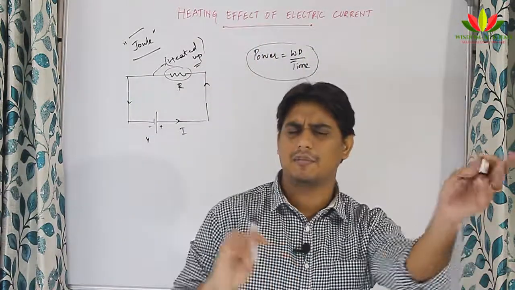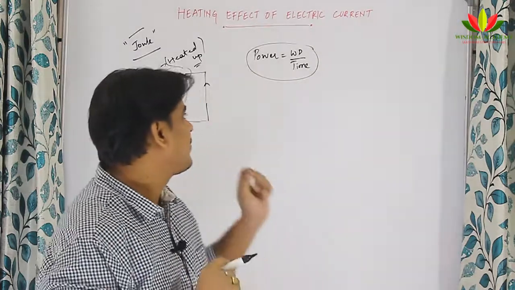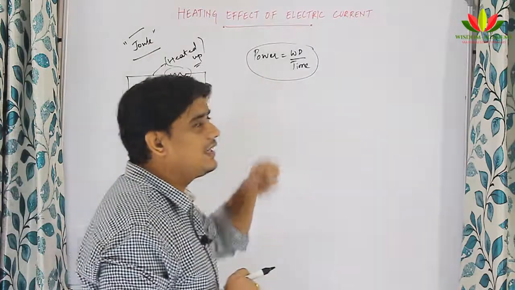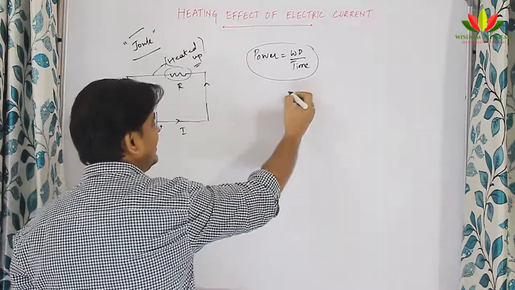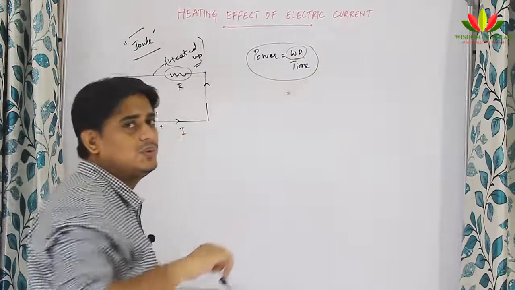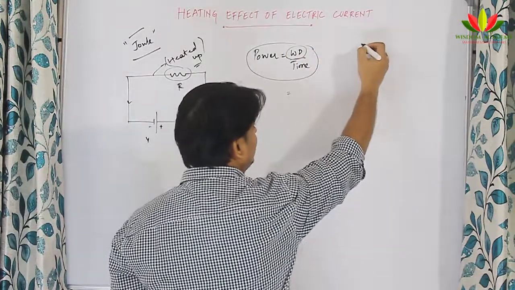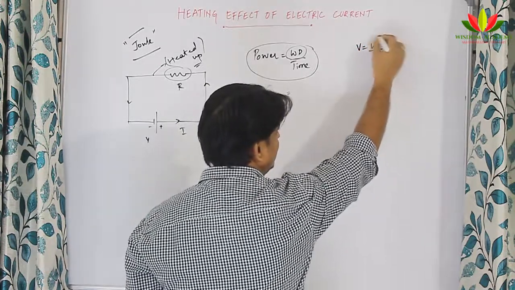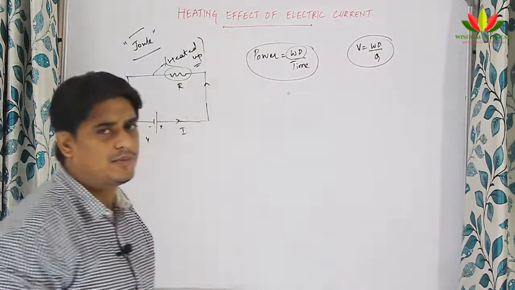Now why am I finding power? I am trying to find the power produced when current is flowing in the circuit. So let us first recall the formula of potential. Electric potential is equal to work done per unit charge, as I told you in the definition of electric potential.